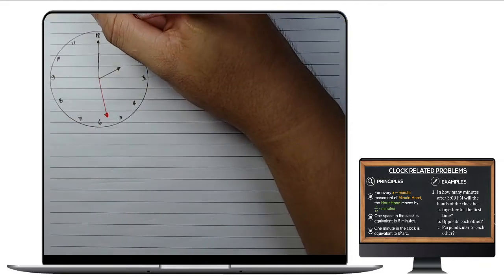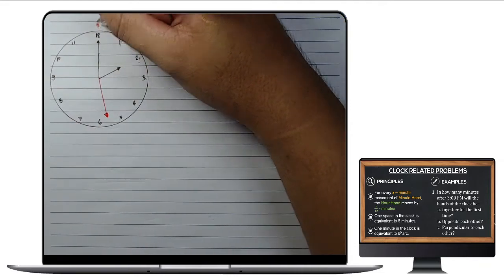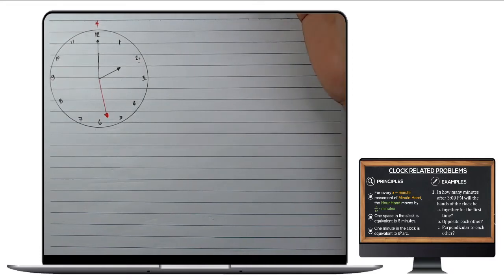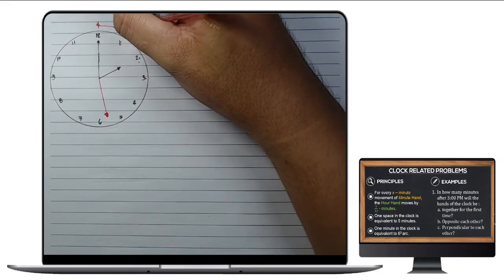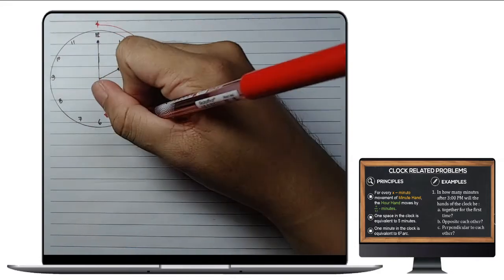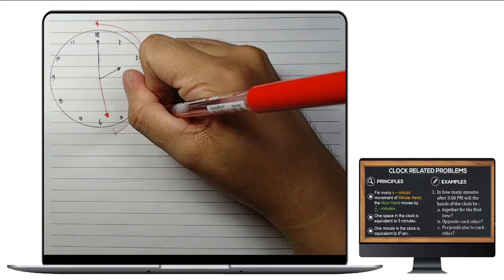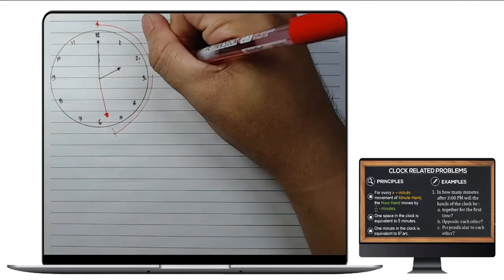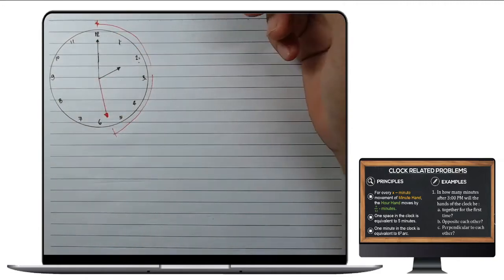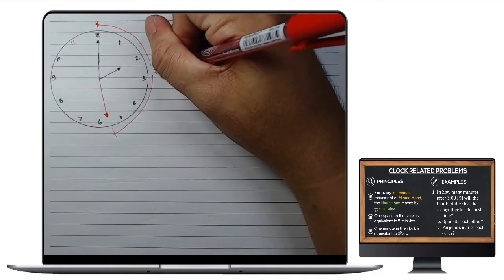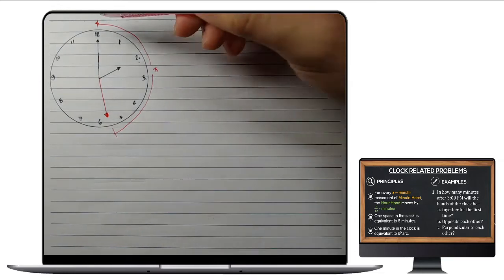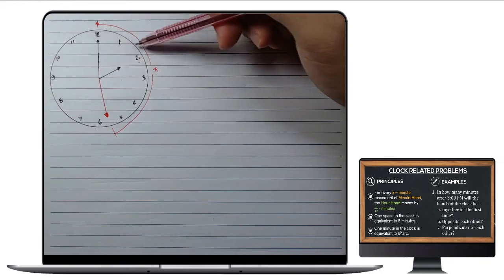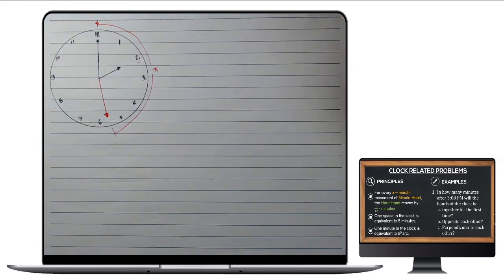So meaning to say, from its starting point, which is the 12 o'clock mark, the distance from the 12 o'clock mark to its final position, since the unit of the clock is in minutes, we let it be x. Kasi minute hand naman siya. So again, our movement is in terms of minutes. So from 12 o'clock, the minute hand moves by x minutes.